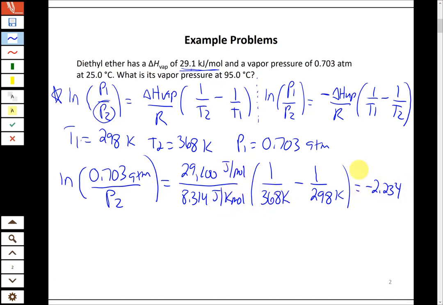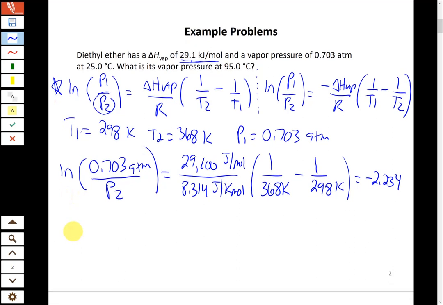And so then what we have is the natural log of 0.703 over P2 equals minus 2.234. And then what we also have to remember from our previous math courses is that if you want to get rid of a natural log, you have to do e to that power, Euler's number. So to get rid of that, 0.703 over P2 is going to be equal to e to this power, minus 2.234.